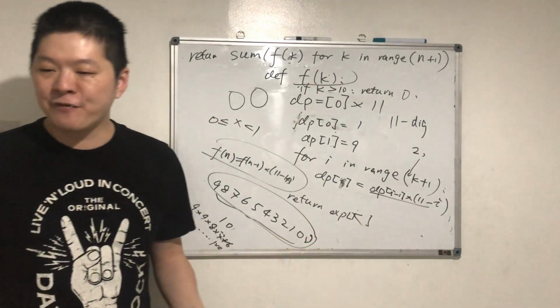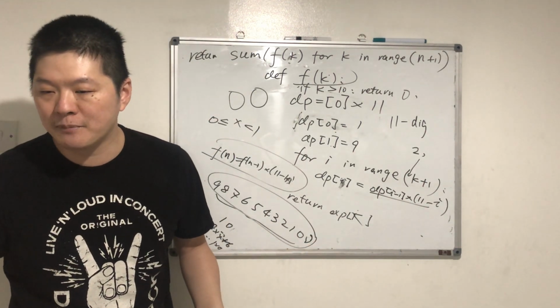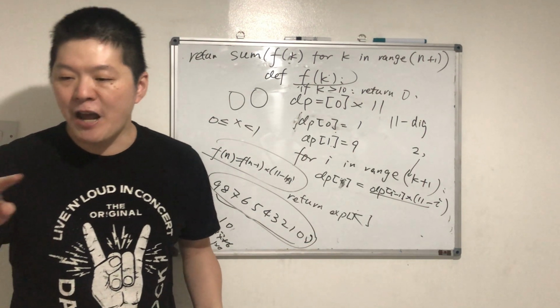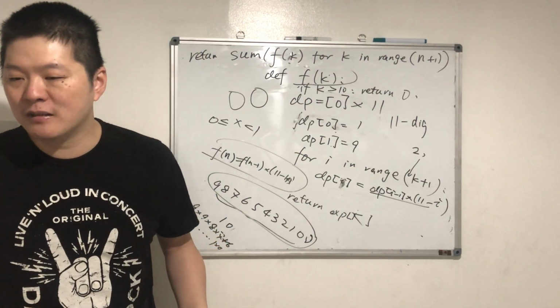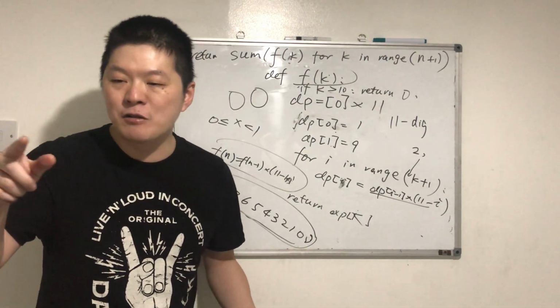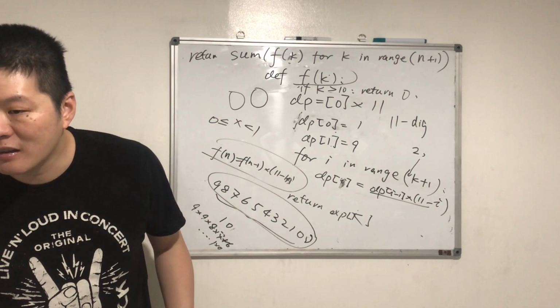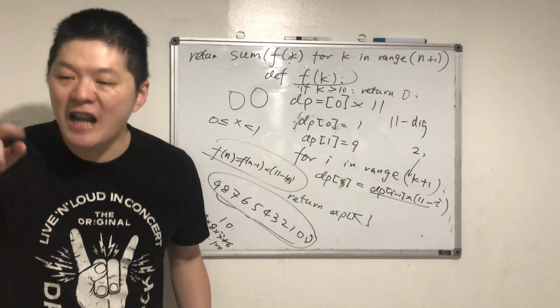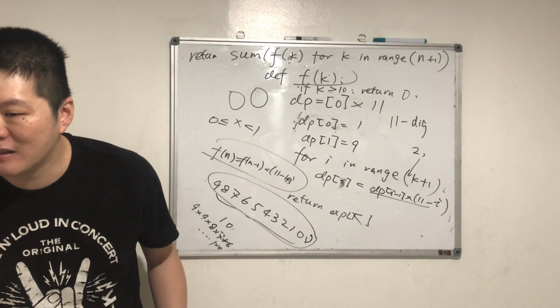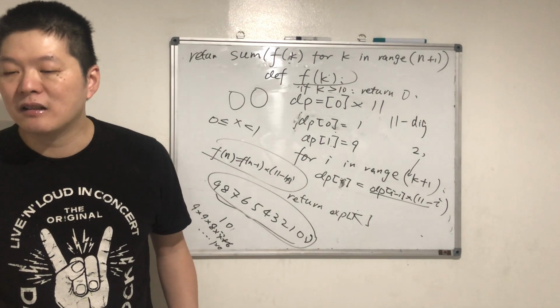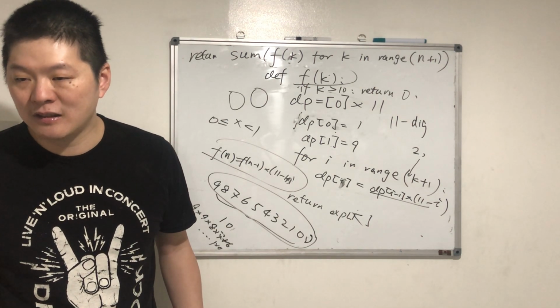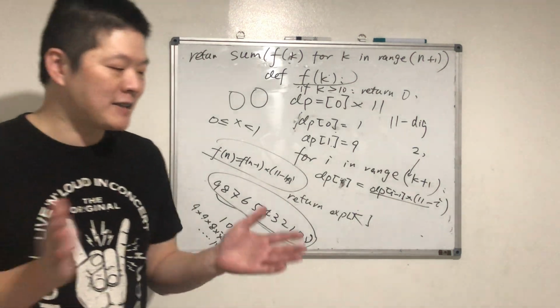Remember? F3 equals F2 times 8. F4 equals F3 times 7. F9 equals F8 times what? 11 minus 9 equals 2. Yeah, times 2. Okay, that's it.